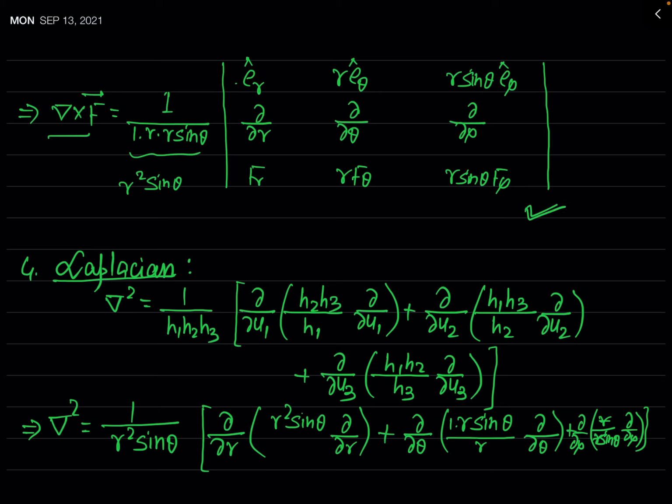So this is the defining equation for the curl of a vector field f in a spherical polar coordinate system. I hope you have the knowledge to simplify this determinant. I have not simplified this determinant, and it is easier to remember the expression for curl of f in this determinant form.